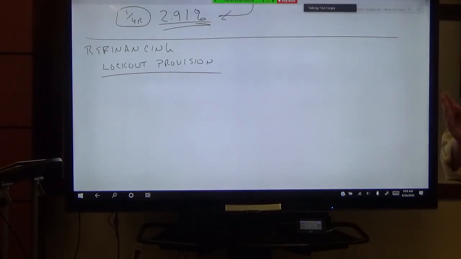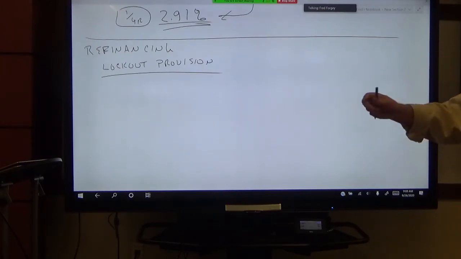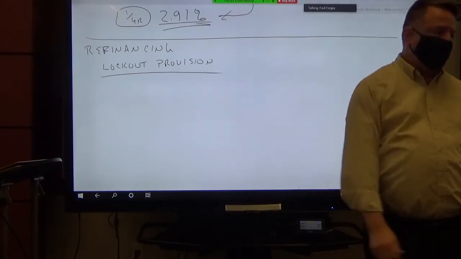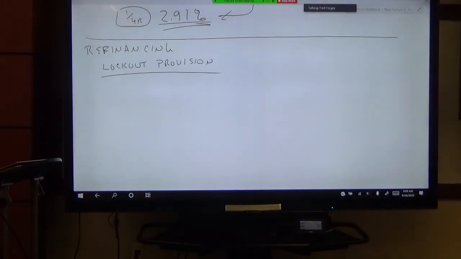You're saying, okay, fine, I still want to prepay the loan. They're going to say, you really don't want to prepay this loan. And you're like, yeah, I do. And then the lender says, okay, fine, if you're going to prepay it, we have this lockout provision that says we're not going to allow you to prepay it, but if you do and you refinance, it's going to cost you a small fortune, okay?